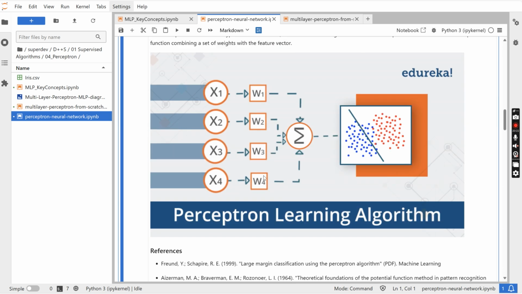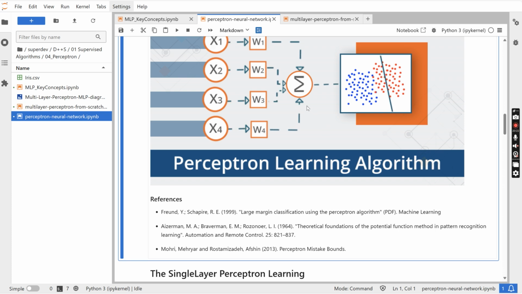If you pay attention here, that is what is happening. x is multiplying with w1, so the equation becomes w1 x1, plus this summation adding that up, plus w2 x2 plus w3 x3 plus w4 x4, and finally you get the output. This way a basic perceptron is working.